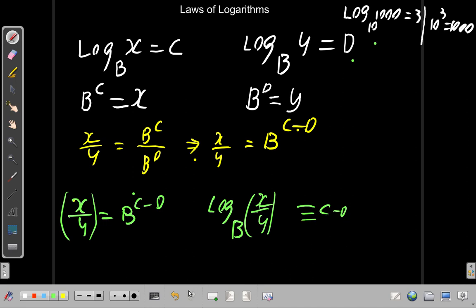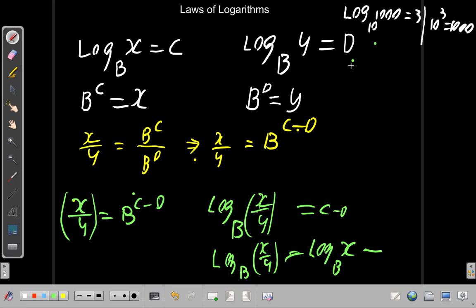So we can rewrite it. The log with a base of b of x over y equals, what is c again? c is log x with a base of b, and then it says c minus d, so it's minus, then log y is d.